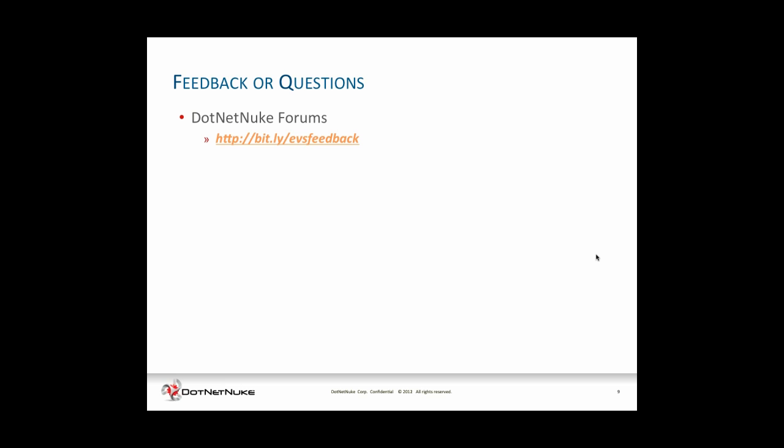So would you report a difference between reference and minimum DNN version and minimum DNN version in manifest? We don't actually check the difference between that right now, but that's definitely something we can do. How is the minimum .NET version determined?